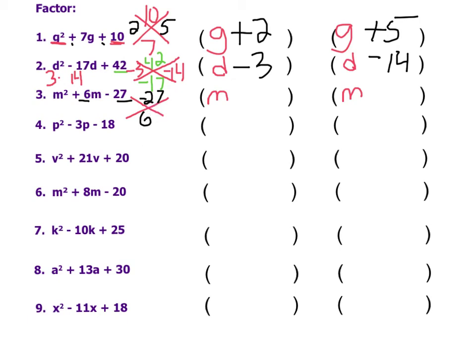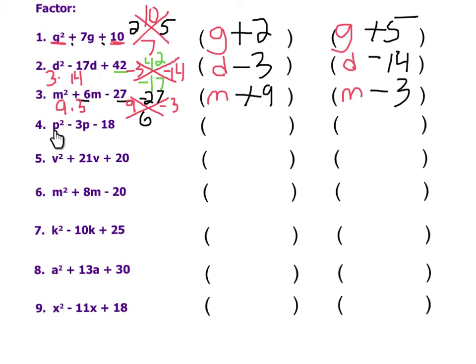Now I know that it's going to be 9 times 3, because 9 minus 3 is 6, and 9 times 3 is 27, but I'm going to make this positive 9 and this negative 3. It will look like this. m plus 9, m minus 3. And if I do that, 9 minus 3 is 6. So it works.